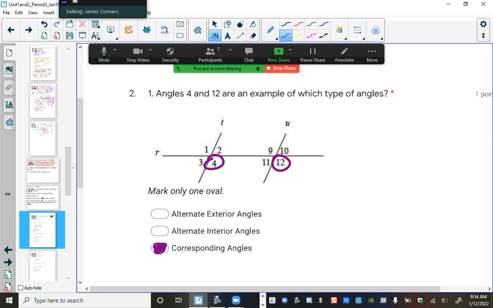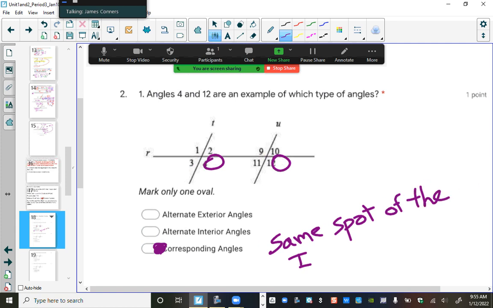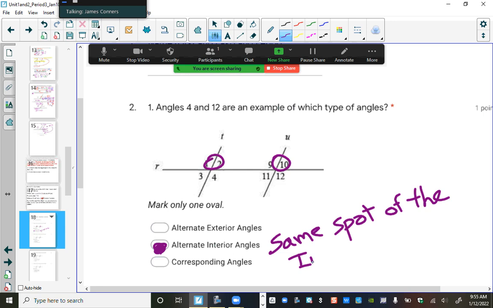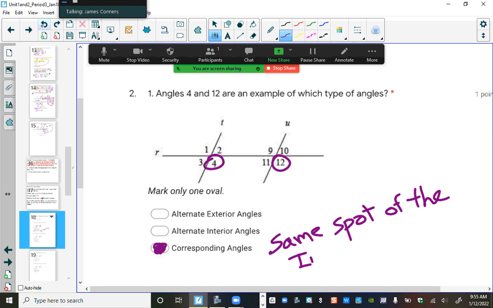Corresponding means the same spot in the intersection. Bottom right corner, bottom right corner. That's where we are.